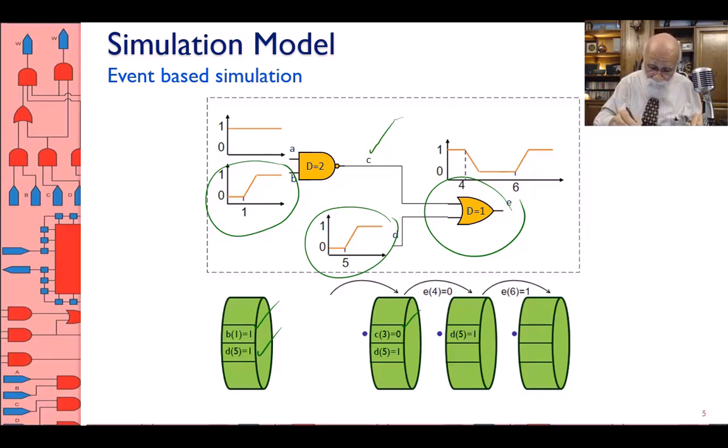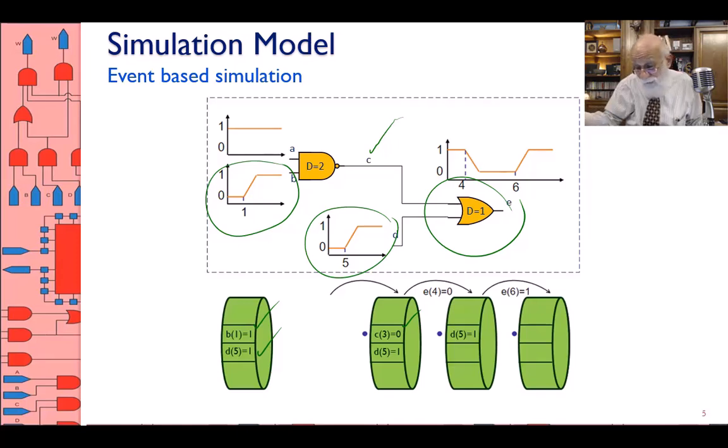If an event occurs on the gate on the left-hand side, or a component, whether it's a gate, a transistor, a large component, a whole microcomputer, if there is an event on one of the inputs, I ask when this event is going to happen, when it happens, when is it going to change the output, and when it changes the output, what other gates or components are going to see this change, or are being affected? And I only simulate those. This is called event-based simulation.